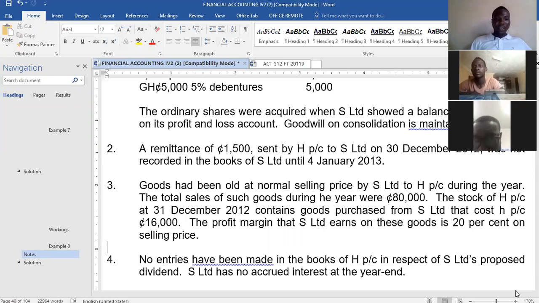So those who studied the last example very well, example 7, the one we did on Saturday, you met a statement like this. And I told you when they are making a statement like this, it means cash in transit. You have made a payment, but the payment has not gotten to the respective person yet. If you are paying me and the money has not gotten to me yet, the money is on its way coming, and that is what we call cash in transit.